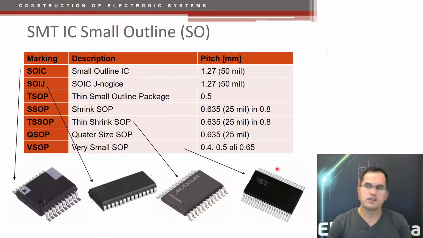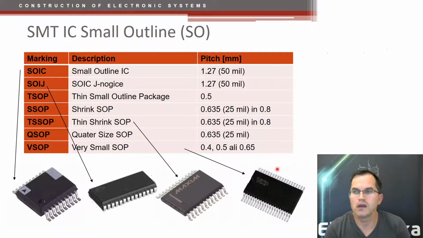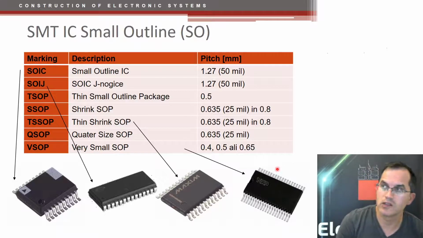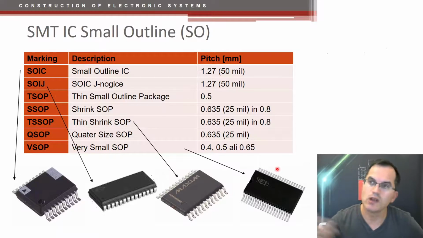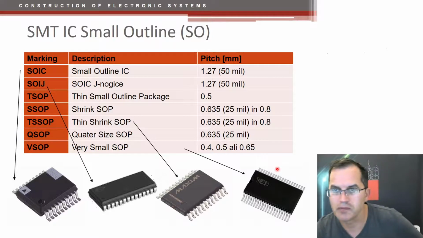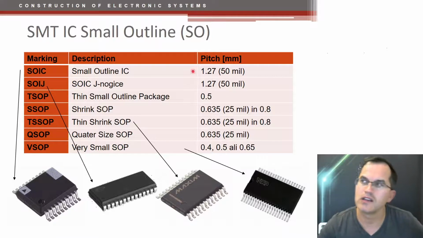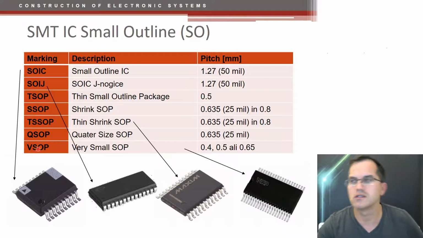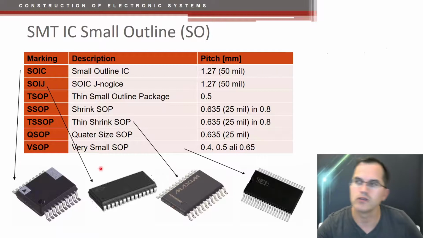The integrated circuits in SMD form are basically, I would say, found in the form of small outline something. Well, small outline means just small dual inline chip. And small outline transistors can be thin, shrink, quarter size, very small, ultra very small, small, shrink, very, and so on.